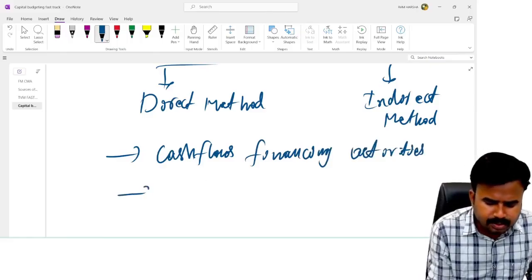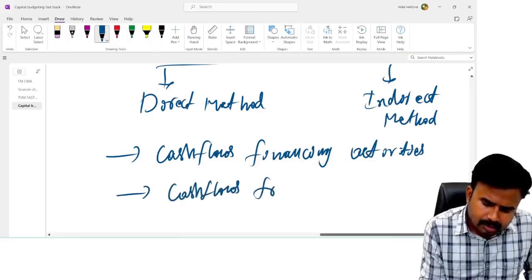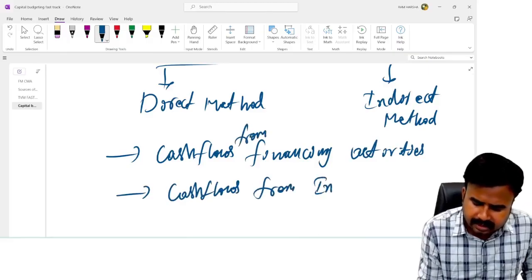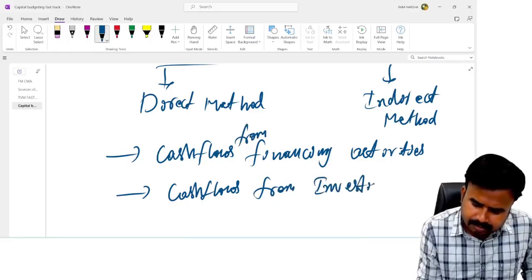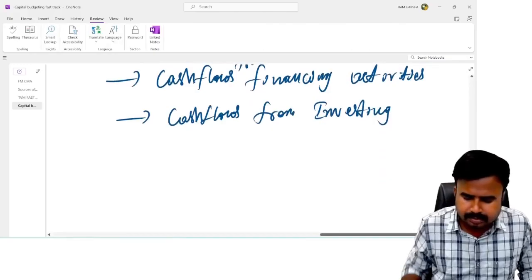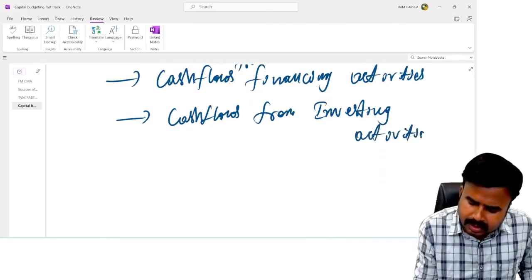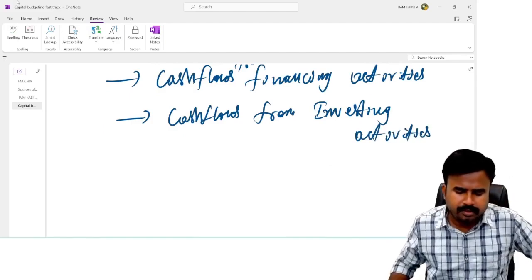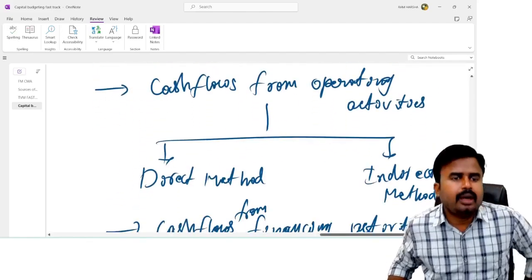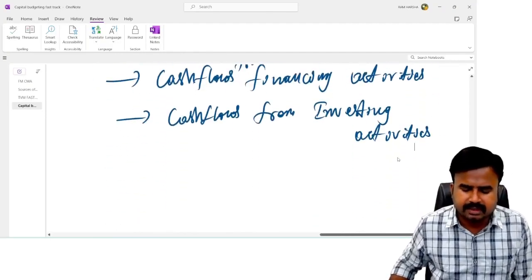And finally, the last one is cash flows from investing activities. So we need to understand three areas: cash flows from operating activities, financing activities, and investing activities.